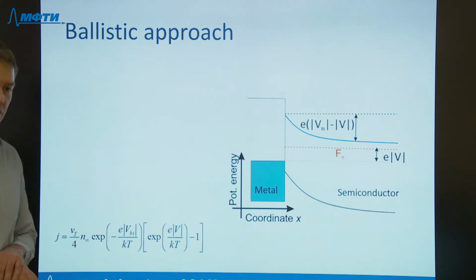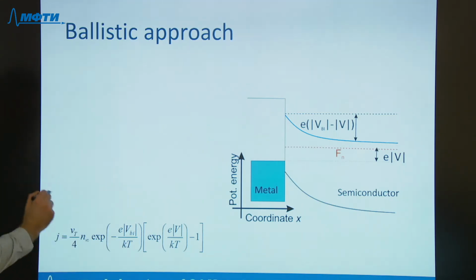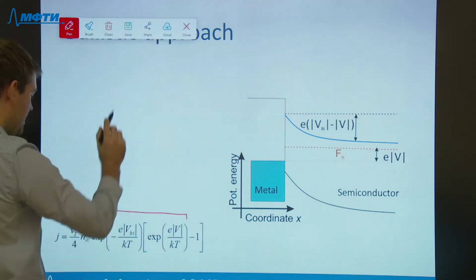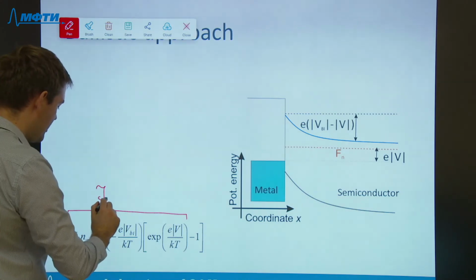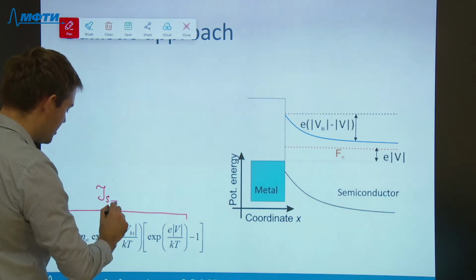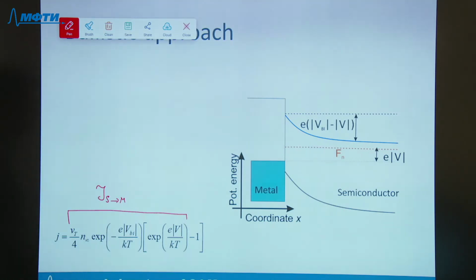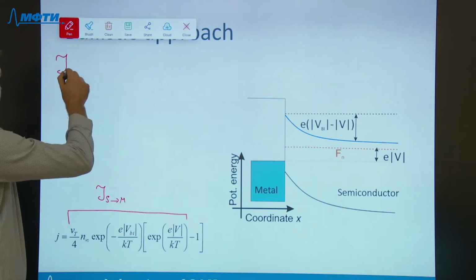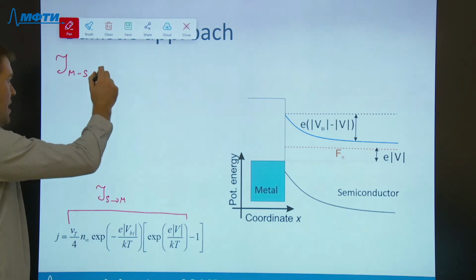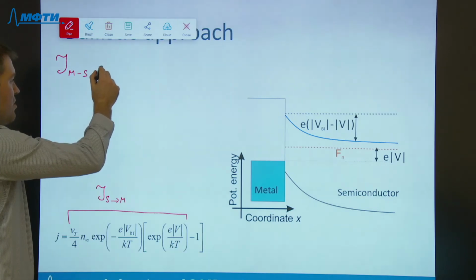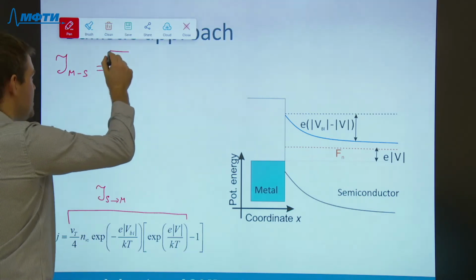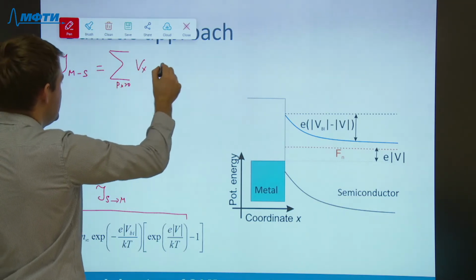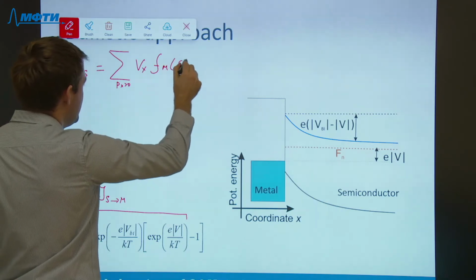This approach, frankly speaking, has found only part of the current-voltage characteristic. This is the part which flows from semiconductor to metal. There should be one more computational part, the current flowing from metal to semiconductor, and it should be found in a similar way. It's just a sum over momentum moving to the right, velocity multiplied by distribution function in metal.